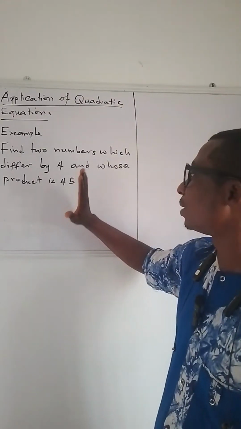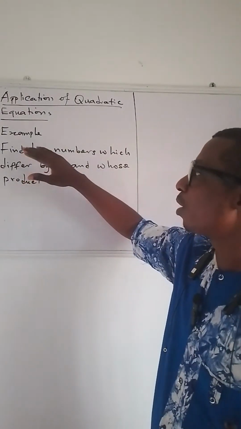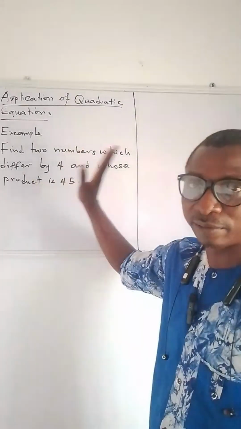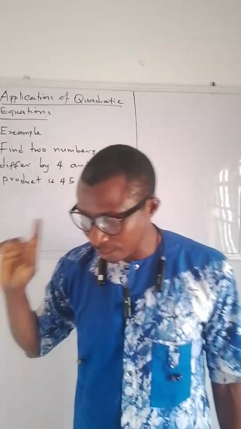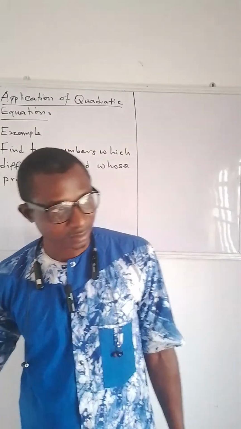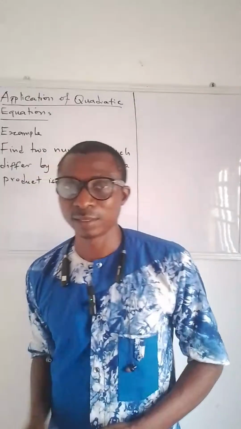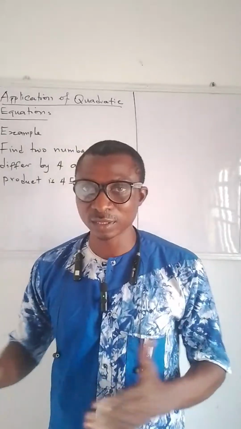Now let's look at it line by line. The first thing we have here is two numbers that differ by 4. That means that if a number is 10, the second number is going to be what? 14. Because the difference between 10 and 14 is what? It is 4.